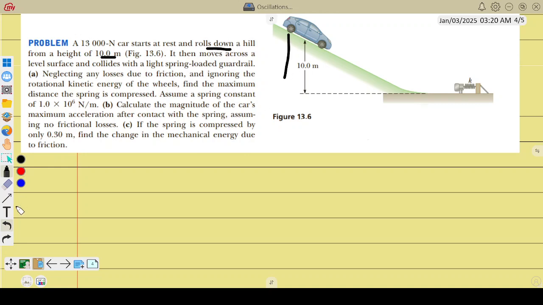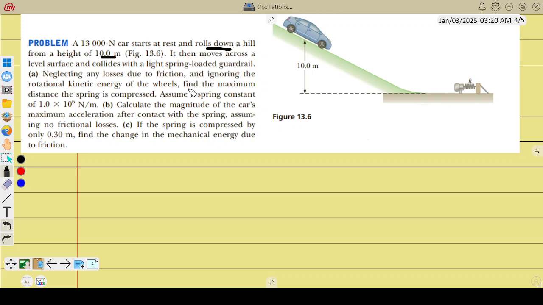So that's our height. And then according to that figure, it moves across a level surface and bumps into the spring. If we neglect the friction and the rotational rules, they're just trying to make life easy. Obviously, life shouldn't be hard.